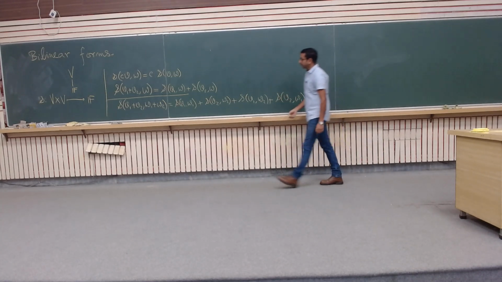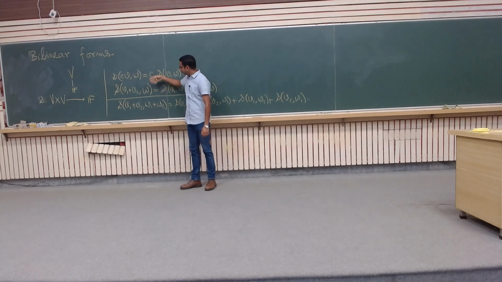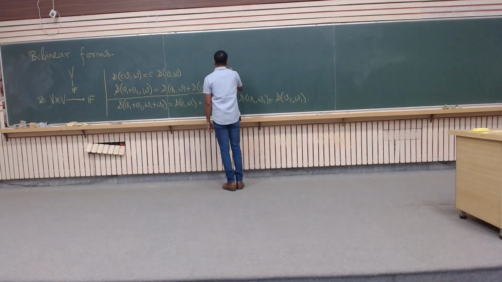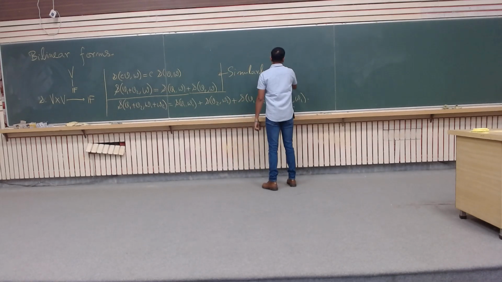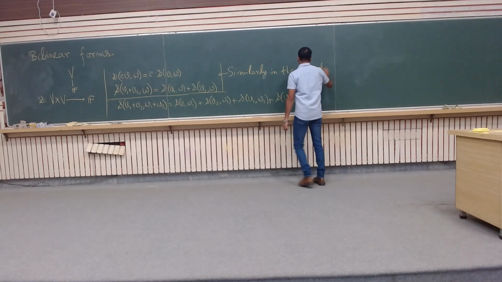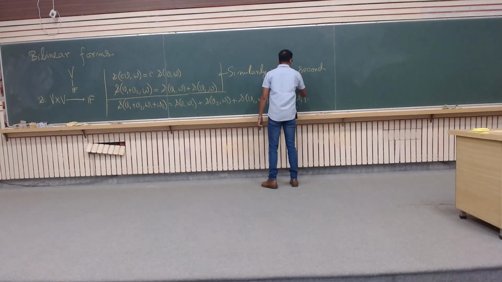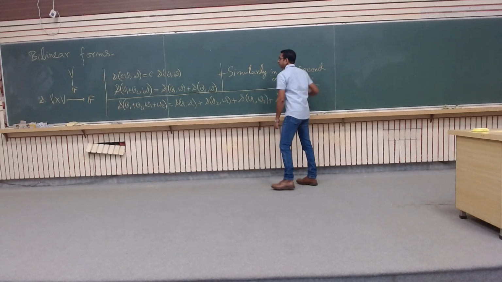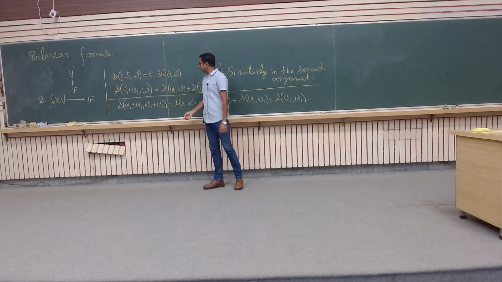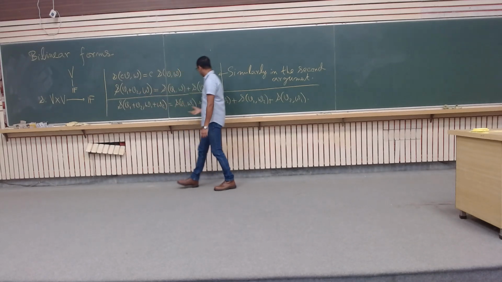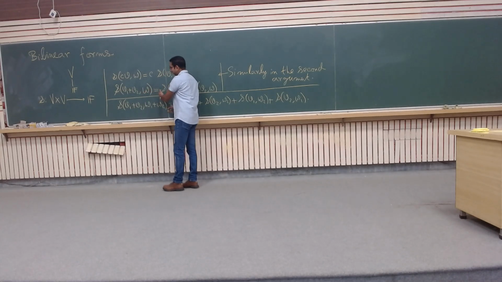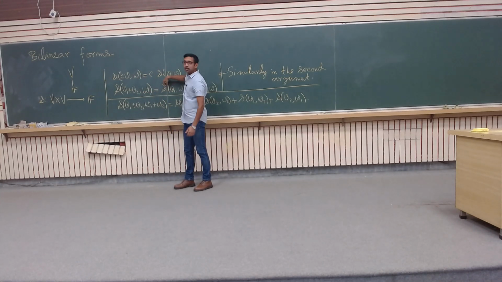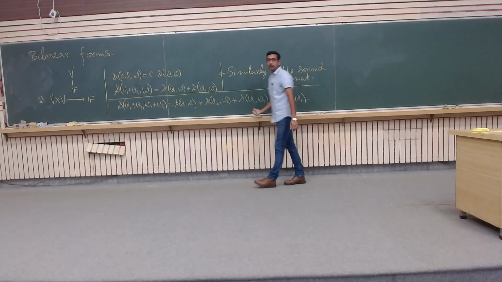So indeed, as you guessed, if it is bilinear, similarly in the second argument, if you multiply the second argument with a scalar, it comes out. If you take W1 plus W2 as the second argument, it will be a sum of S of V1 plus V2 W1 plus S of V1 plus V2 W2. And then you expand this, you get all these 4 terms.